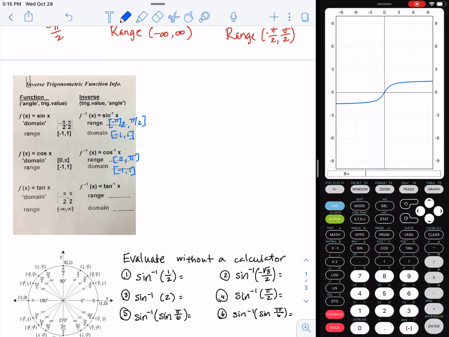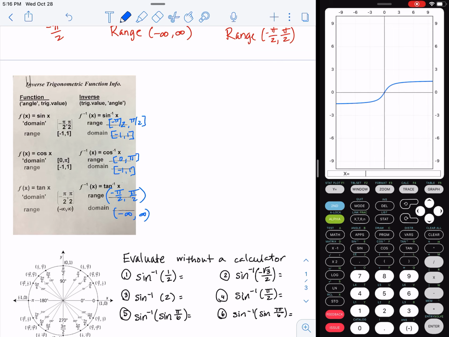Talking about tangent, notice the domain does not have brackets around it, and that's because you have asymptotes there. So if your domain is from negative pi over 2 to pi over 2, your range is going to be negative pi over 2 to pi over 2. Notice not including those. And then if the range is negative infinity to infinity, that means your domain is going to be negative infinity to infinity.